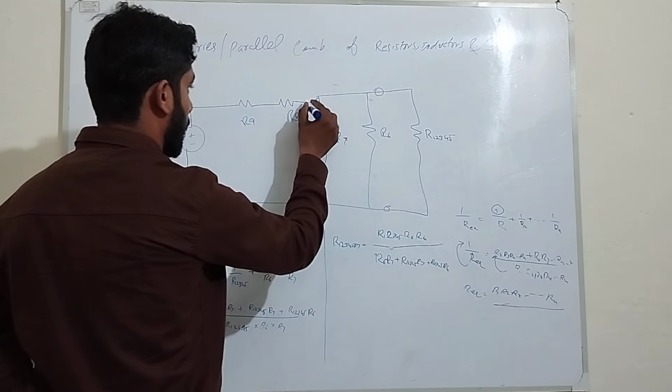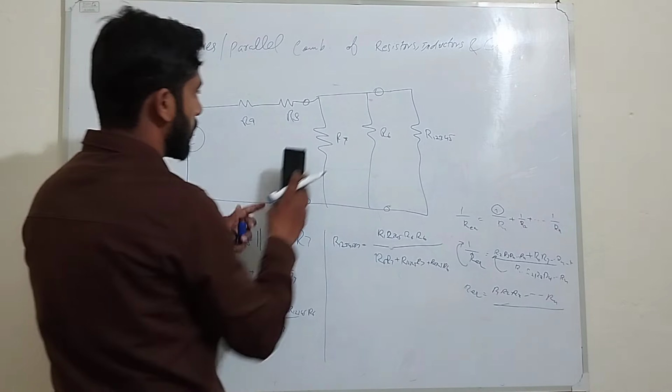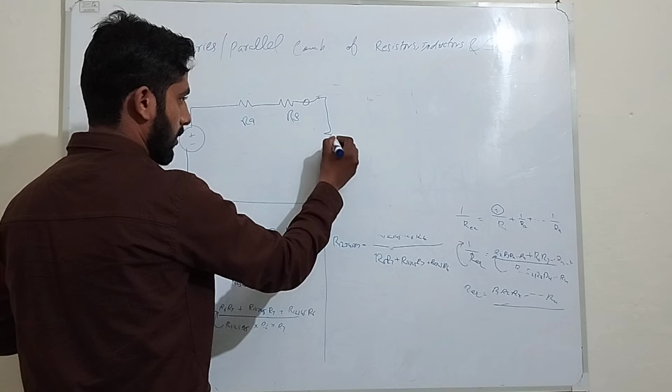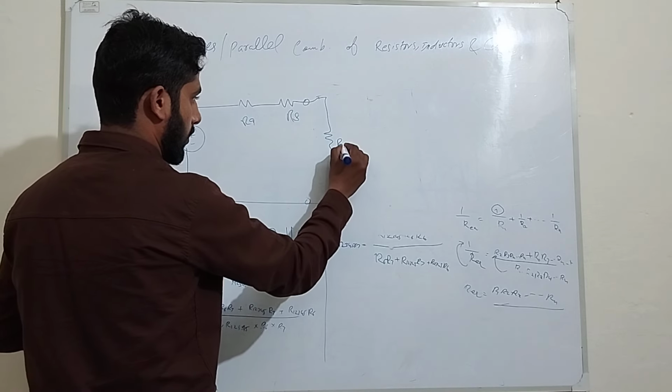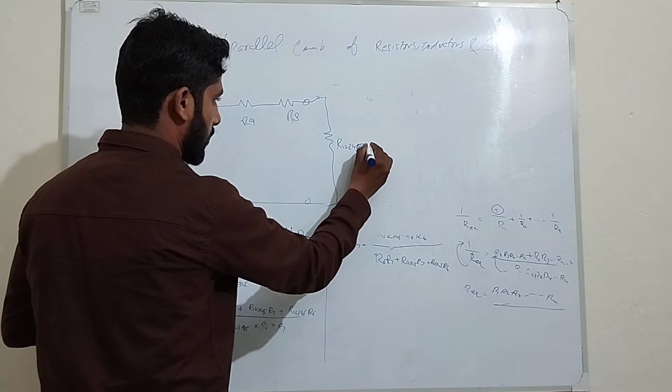This will be until here at this point. Okay, so remove these resistors and connect another resistor here, R1234567. So it is here. See here, it's the series combination, end to start and start to end.